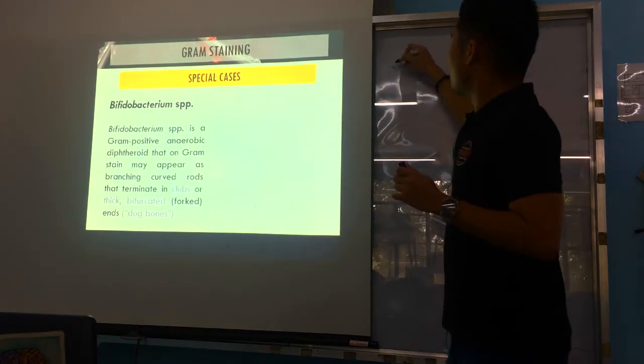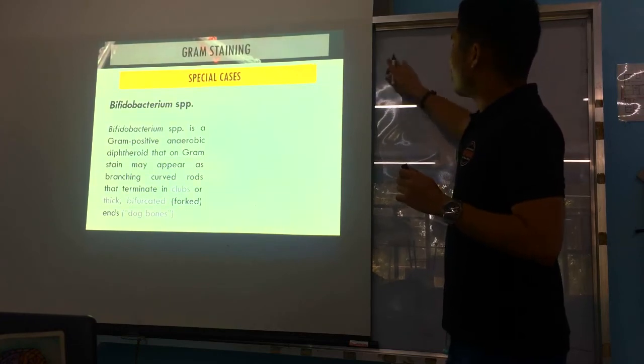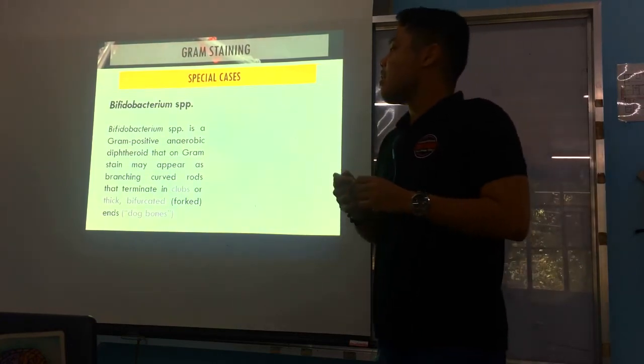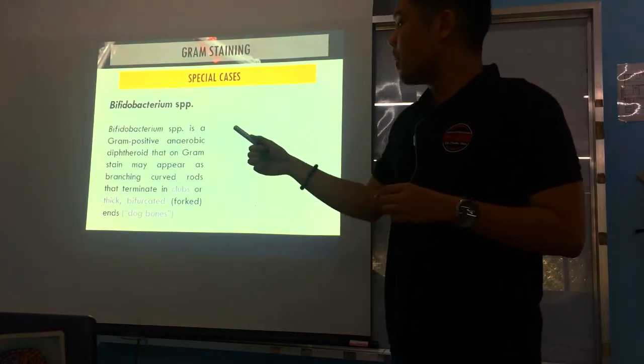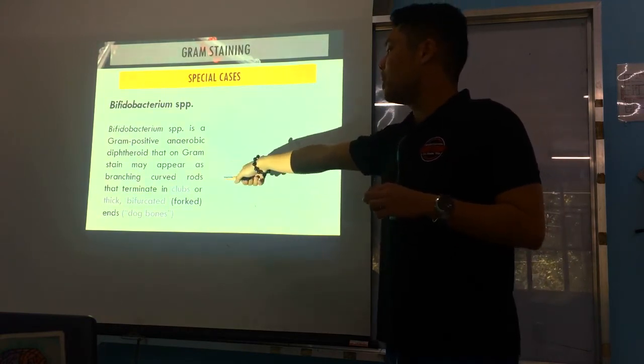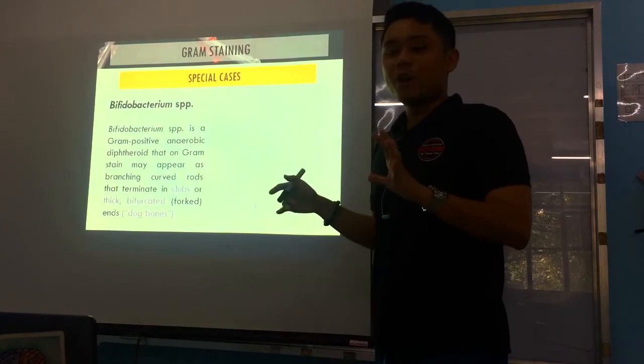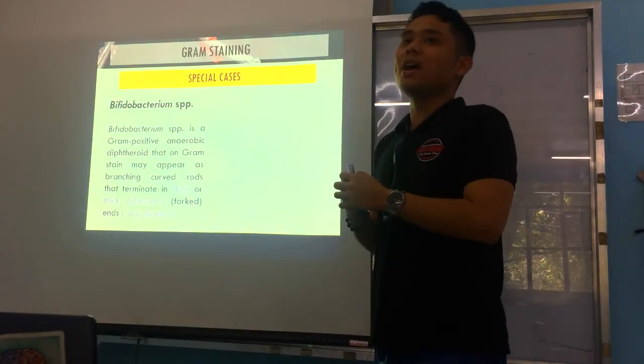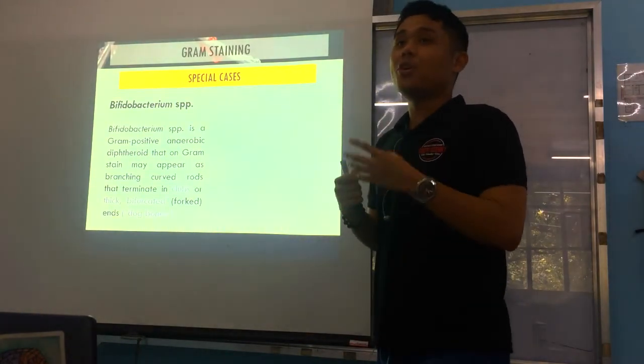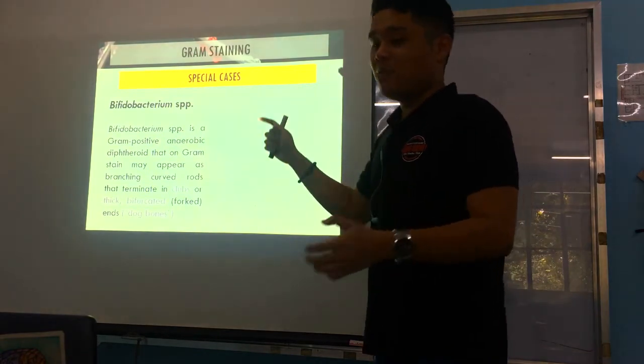Basta mura siya pleomorphic na mag-overlap or mag-palisades, magtapad. Okay? So again, it's Bifidobacterium, branching curved rods that terminate in clubs or thick bifurcated ends. Mura siya dog bones. Ayan. Dog bones appearance under gram staining, you have Bifidobacterium.